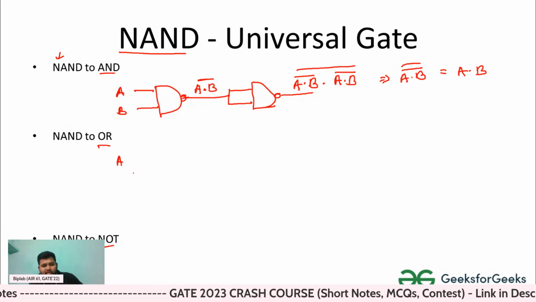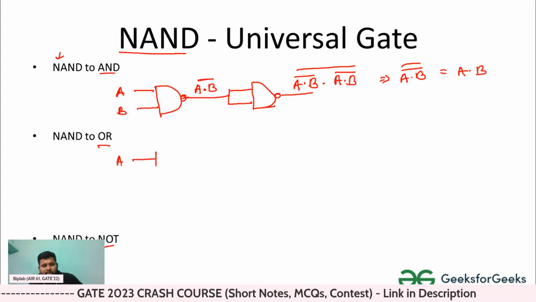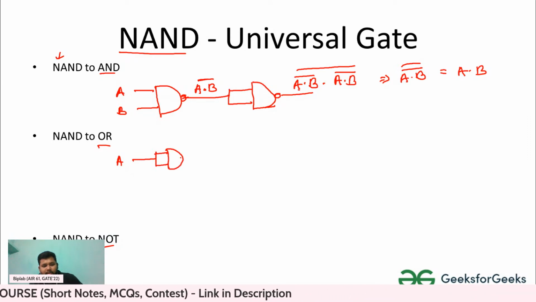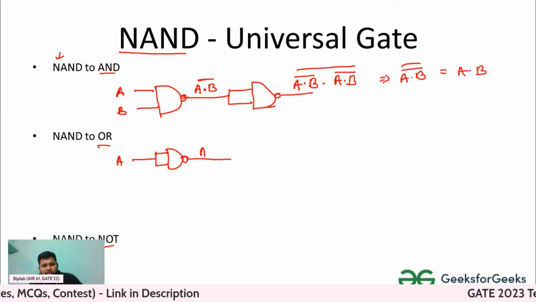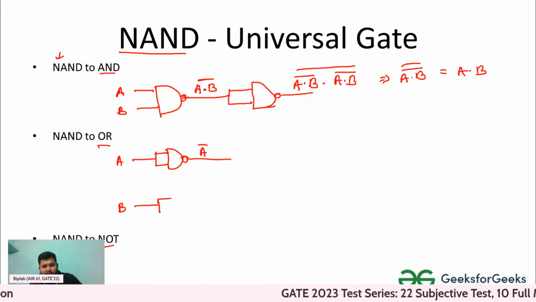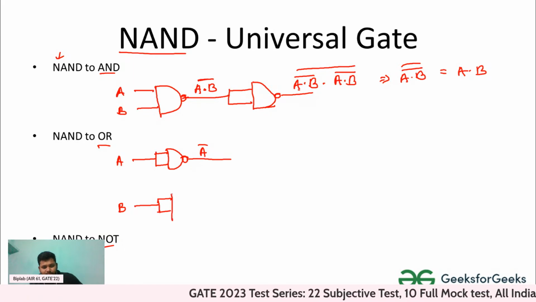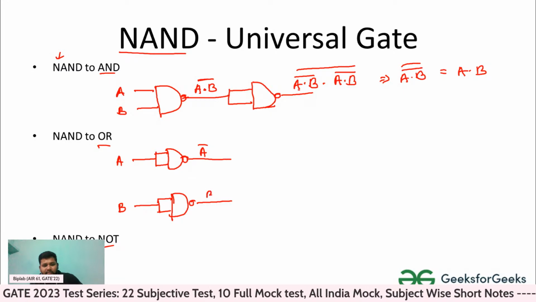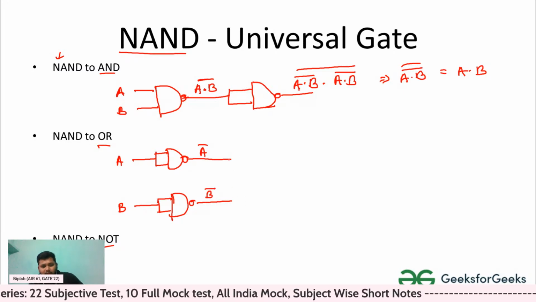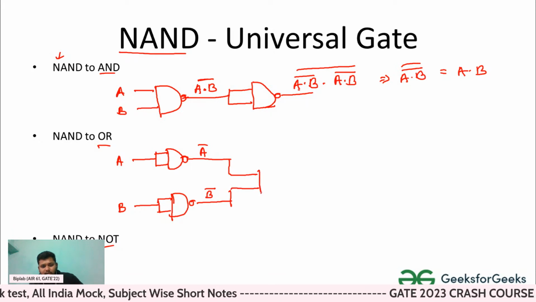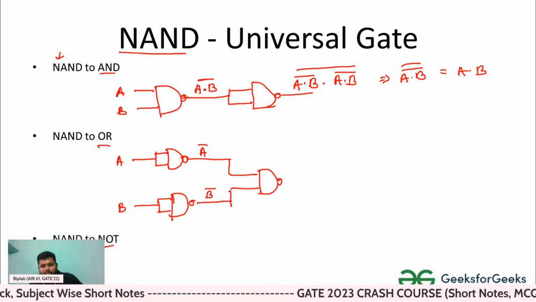Now NAND to OR. How to do this? First complement each of the inputs. That is, you have A bar, and B sent like this, and you will have B bar, and then send both here again.